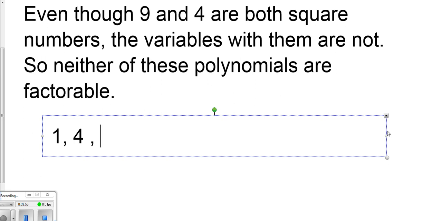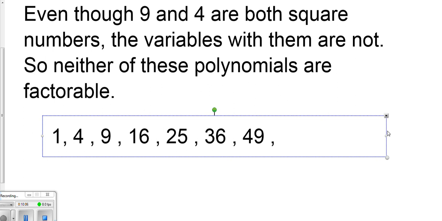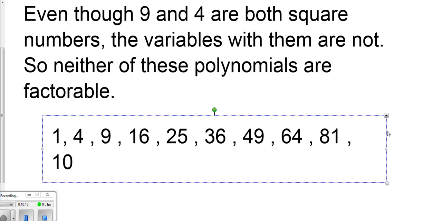If we have 3 squared, that makes 9. 4 squared is 16. 5 squared would be 25. 6 squared would be 36. 7 squared would be 49. 8 squared would be 64. 9 squared would be 81. 10 squared would be 100. 11 squared would be 121. 12 squared would be 144. And 13 squared would be 169. And let's cut it off there.